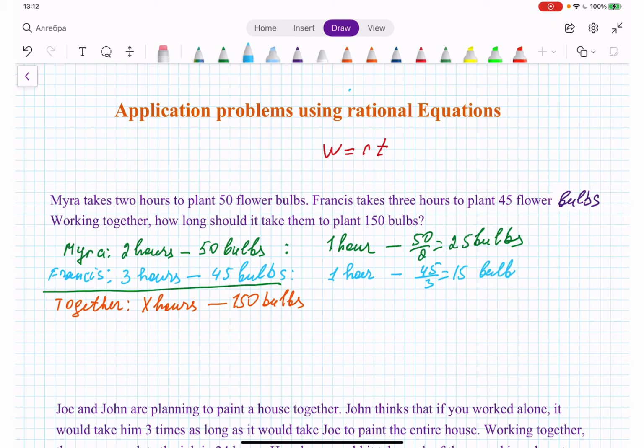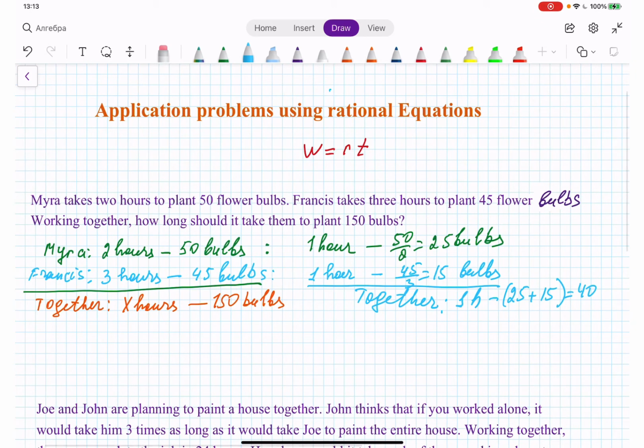So together, for 1 hour, they will plant 25 plus 15, 40. Yes? Okay, we know together they plant 40 bulbs.